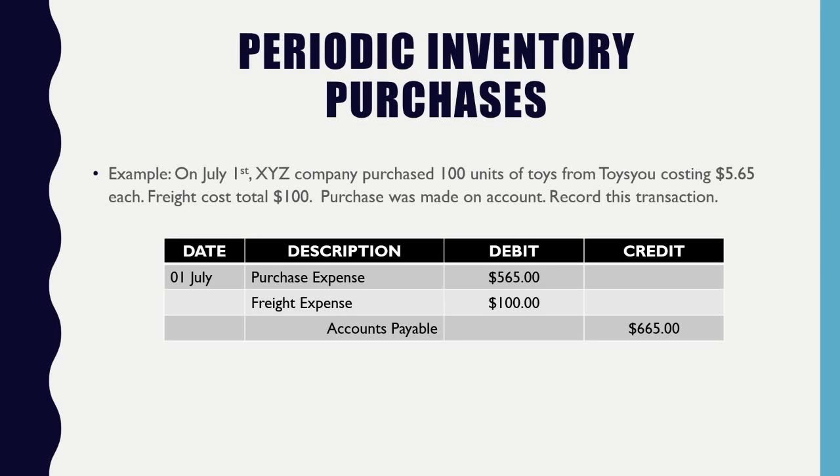But when I create my cost of the asset, or the total cost per item when I sell my items, I will include all the expenses together. So in this case, this is how you journalize when you make purchases of inventory. I want you to recognize purchase expense, freight expense, and however you paid for it. All right.